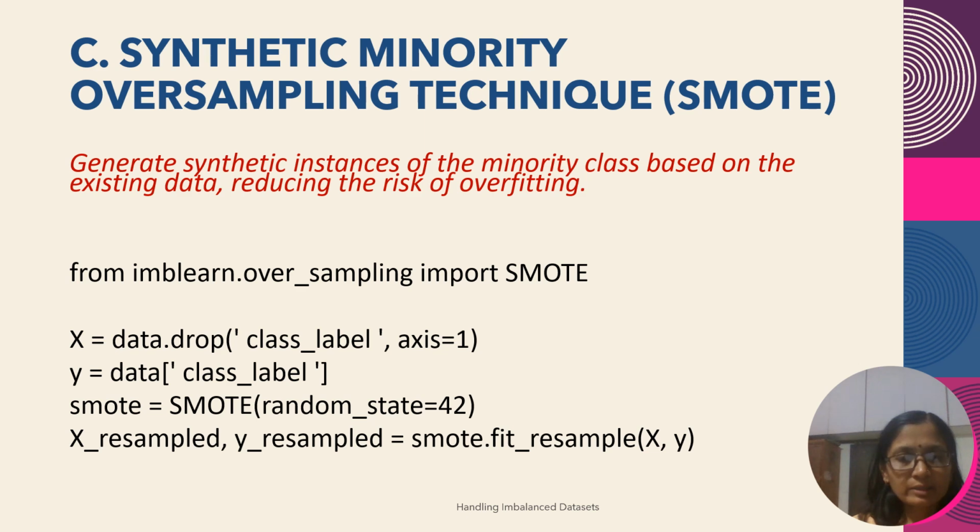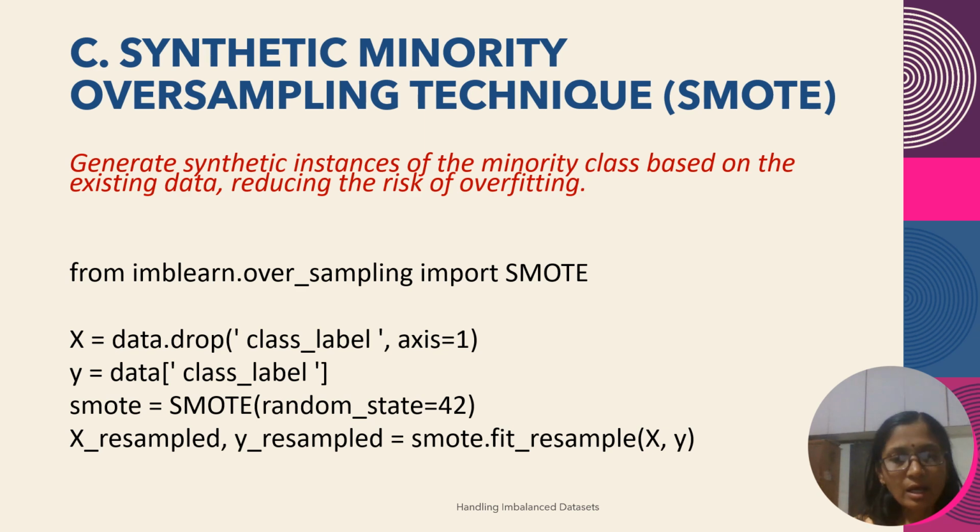So class labels like normal, backdoor, etc., whichever we have in that particular column will be our Y. So that is data of class label, and X will be all the columns except the class label column. So data.drop class label with axis 1 will give me all the columns except the class label column.